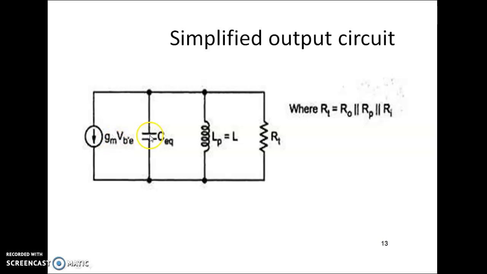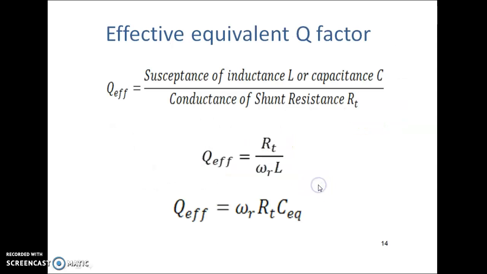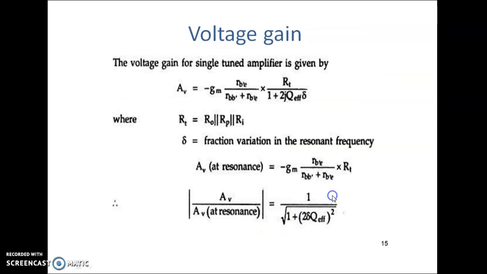Now the simplified circuit. At the output side I have Gm Vb'e, and C equivalent, LP, Rp, and then the input stage R0, all of them in parallel. So we combine R0, Rp and Ri in parallel as RT. Now the effective quality factor Q effective is given by RT by omega L, or Q effective can be given as omega RT C equivalent.